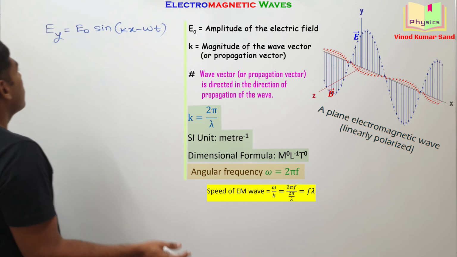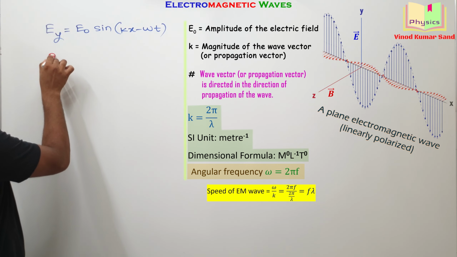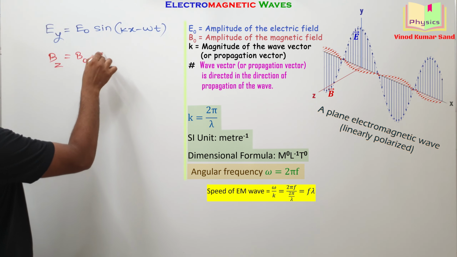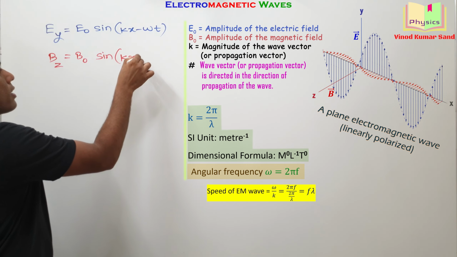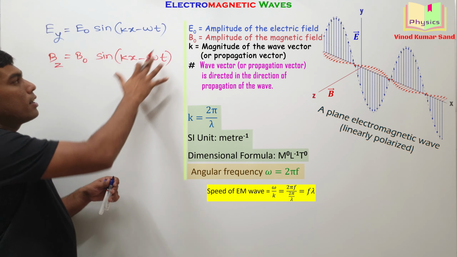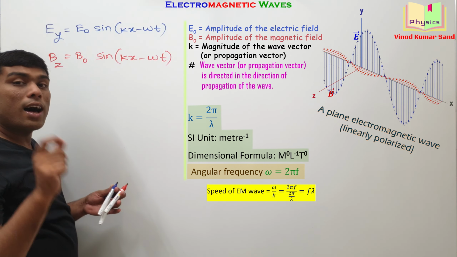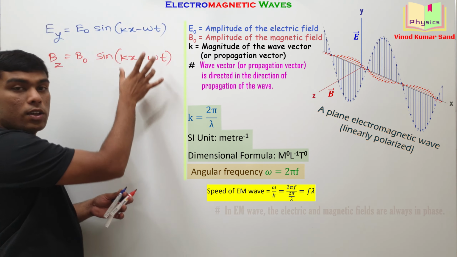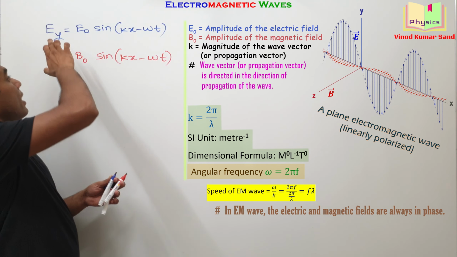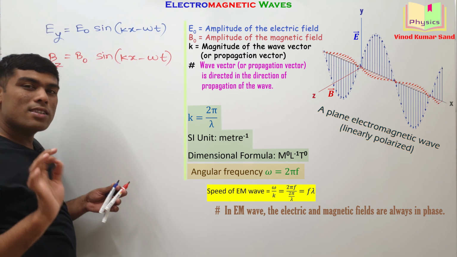You get it? Then we write the expression of the strength of the magnetic field, which will be Bz, equal to B0 sin(kx - ωt). You observe one thing in these two expressions. These two expressions are in the same phase. So in an electromagnetic wave, the electric field and the magnetic field will always be in the same phase.